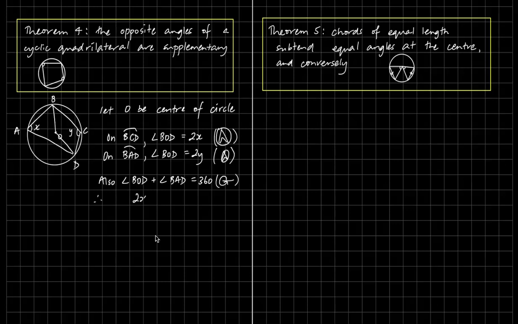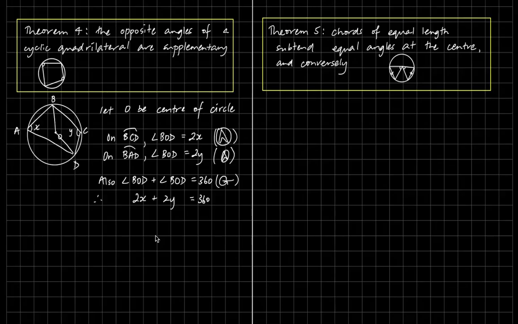Therefore 2x plus 2y equals 360. Now really I actually made a mistake there, didn't I? It's not BOD and BAD, it's BOD and BOD, which is a bit confusing, but I guess I mean the 2 different ones.